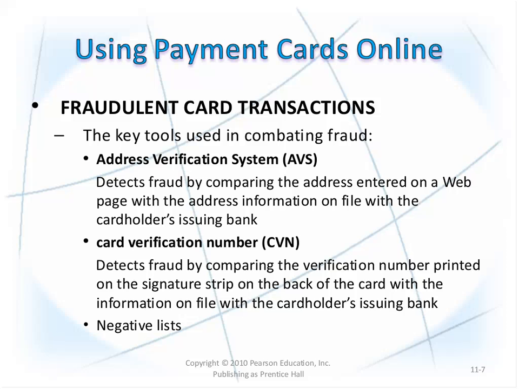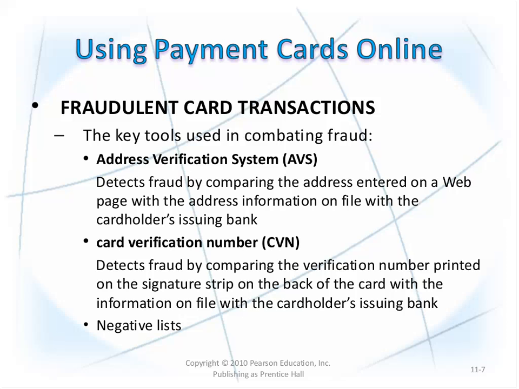One of them is AVS, which is Address Verification System. Address Verification System detects fraud by comparing the address entered on a web page with the address information on file with the cardholder's issuing bank.